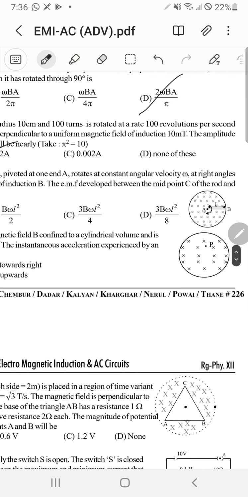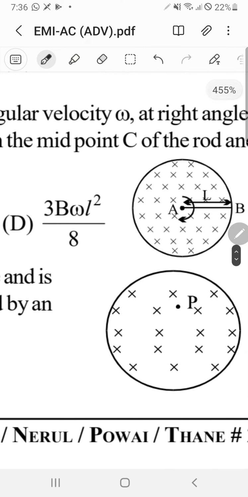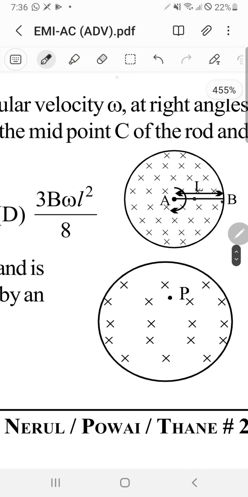The EMF developed between the midpoint C of the rod and B. Oh, this and that. And in this case, is the EMF once again... like, what EMF are we talking about? It's just motional EMF, right? So it's the EMF required for the electrons to be in that way.